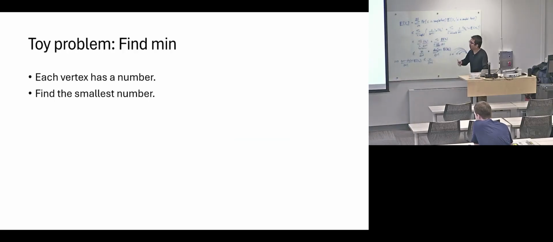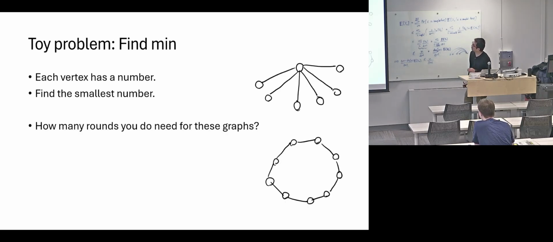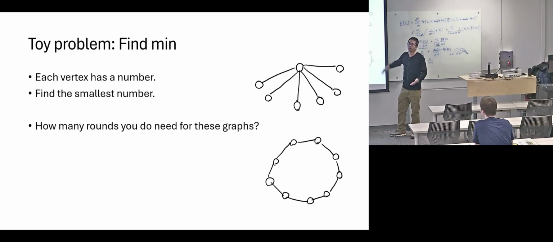Okay, some toy problems so that you know the model. Imagine that each node v has a number n_v, and you just want to compute the smallest number. How many rounds do you need for this graph? Let's say it's a star graph. How many rounds do you need to know the smallest number?